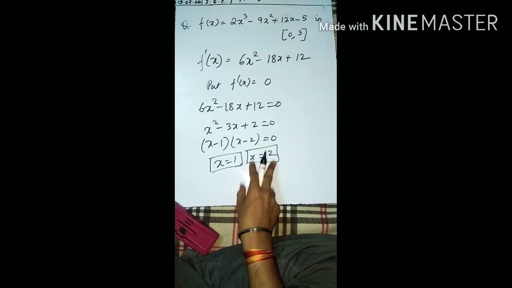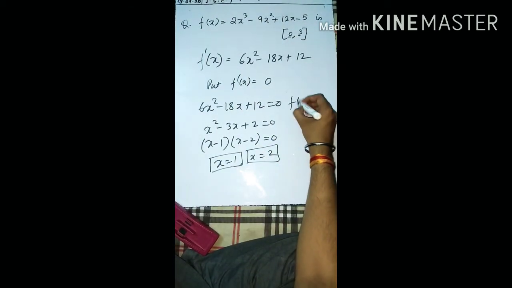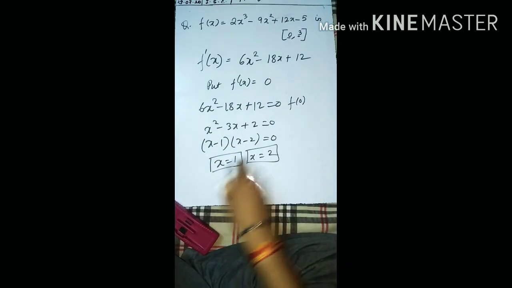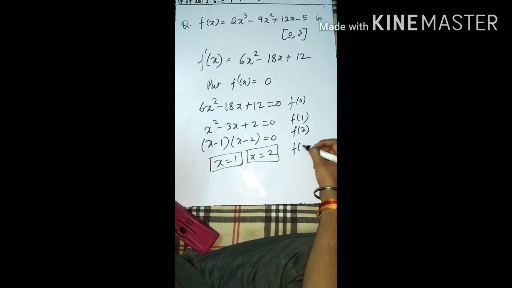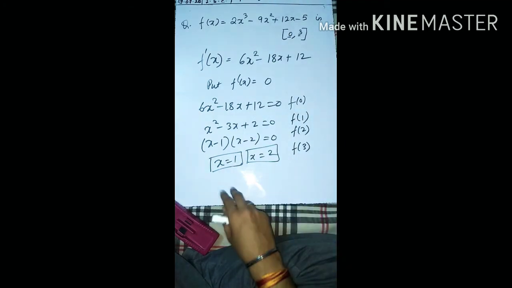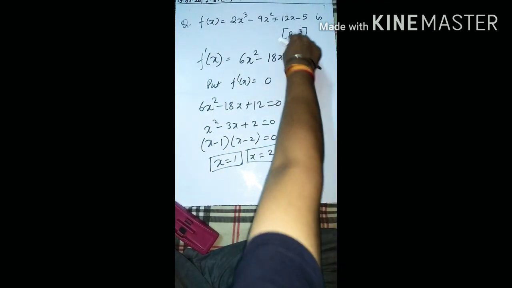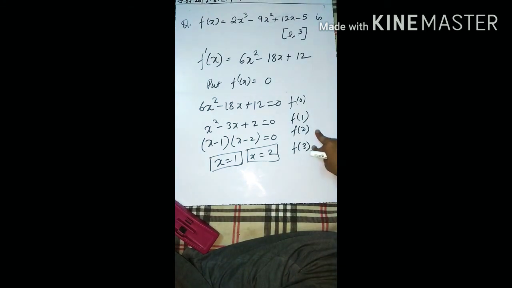Now you have to consider the endpoints also. So you find f0, f1, f2 and f3. Are you understanding what I'm saying? Take both the extremum values of the interval, put these two also in the function.